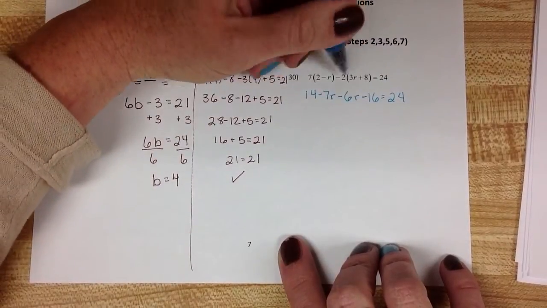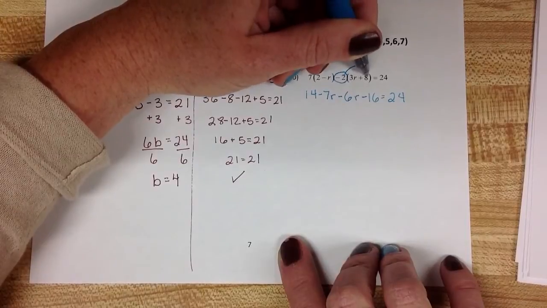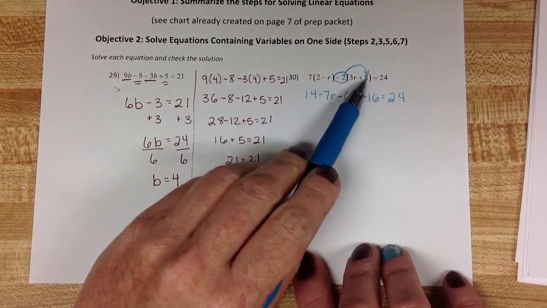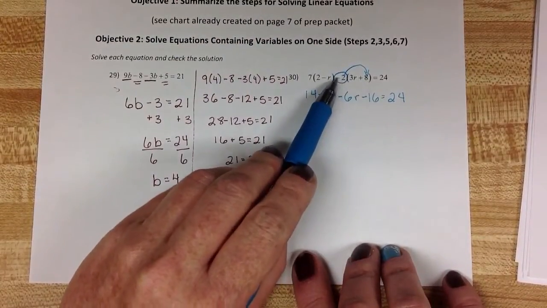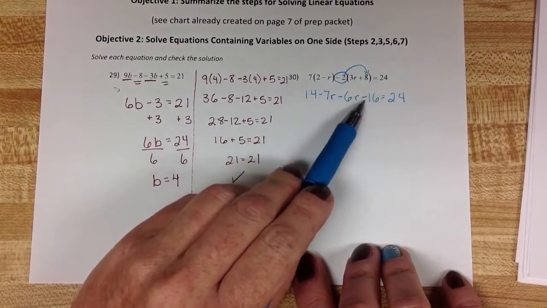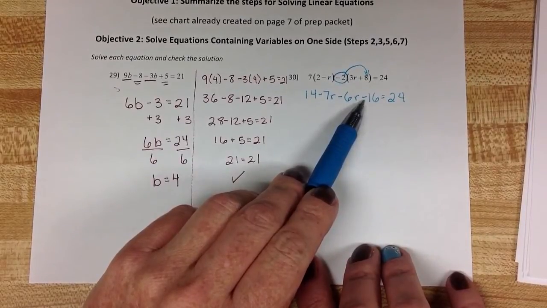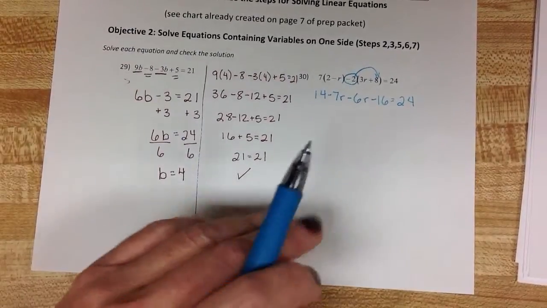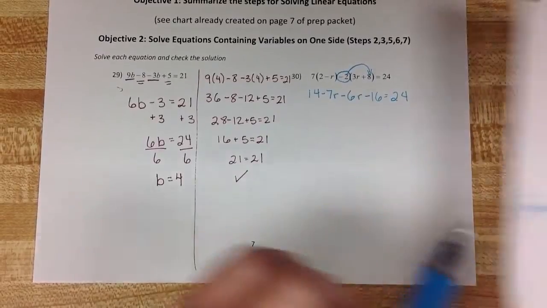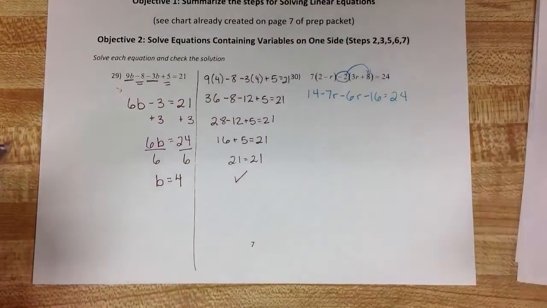Be really careful with that second distribution. I see a lot of students taking that negative 2 when they distribute it over the 8 and not remembering that the negative needs to come with the 2 when it multiplies by 8. So this does need to say minus 16, not plus 16. Okay. So we don't have any grouping symbols left, so we're going to ask ourselves about like terms.